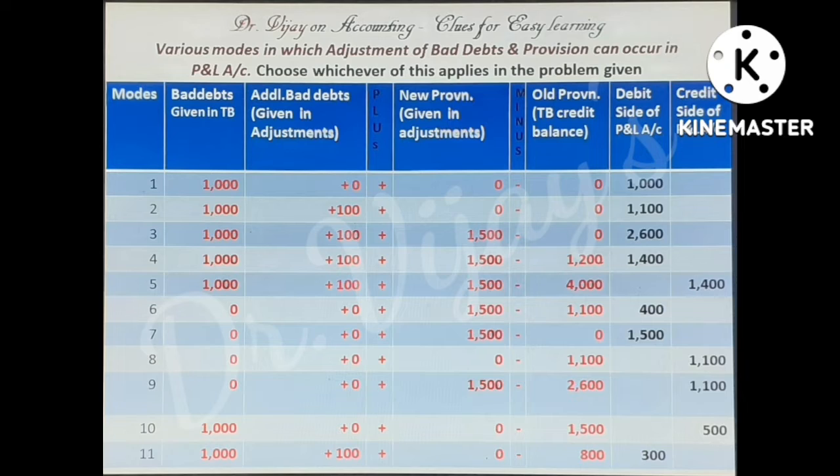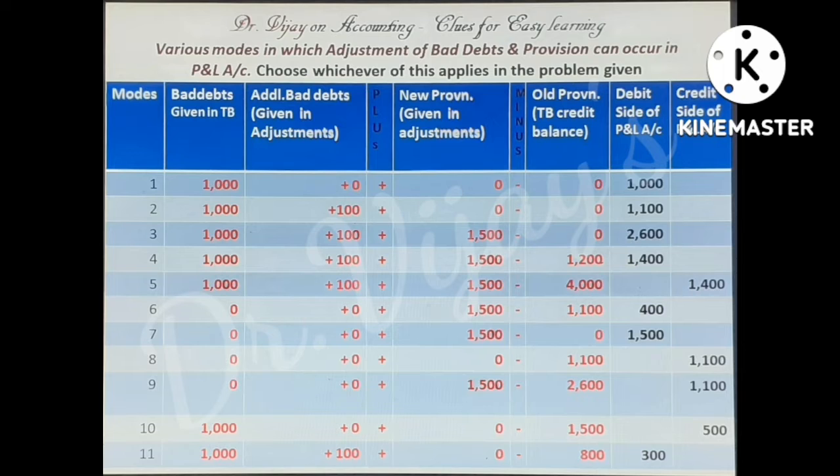So it is highly necessary for the student to understand more about the provision for doubtful debts and different modes of depreciation, etc. Besides that, many things regarding adjustment for provision for dividend, dividend tax, and so many things require explanation, as we are now with final accounts of companies.